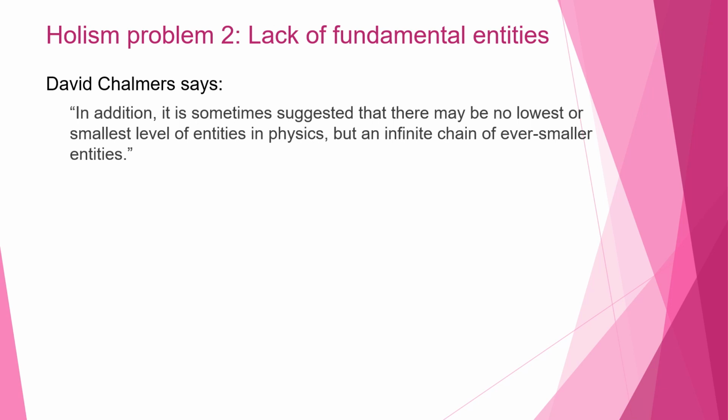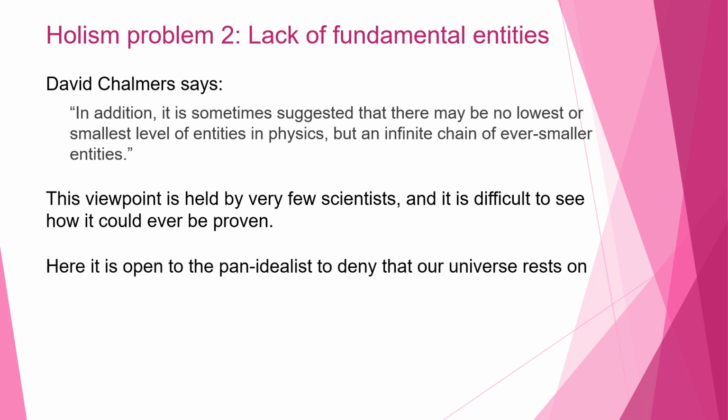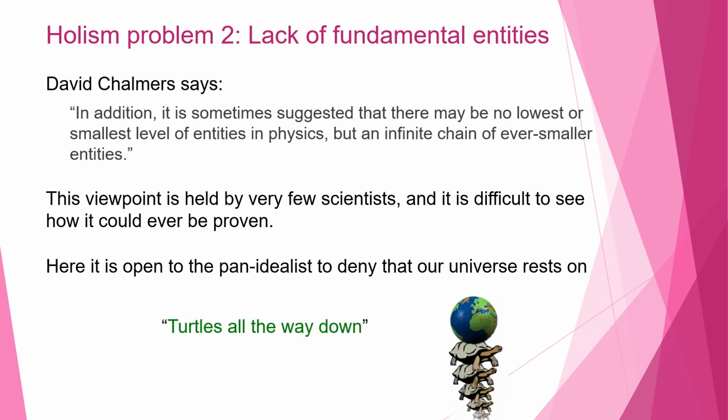David Chalmers says that, in addition, it's sometimes suggested that there may be no lowest or smallest level of entities in physics, but an infinite chain of ever smaller entities. This viewpoint is held by very few scientists, and it is difficult to see how it could ever be proven, even though it might be true. Here, it is open to the pan-idealist to deny that our universe rests upon turtles all the way down.